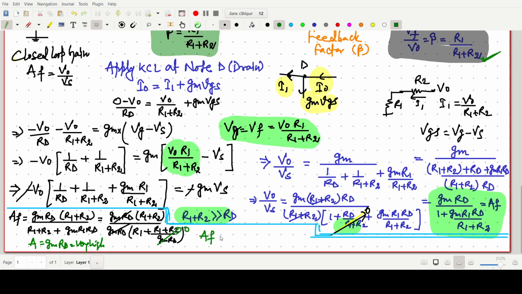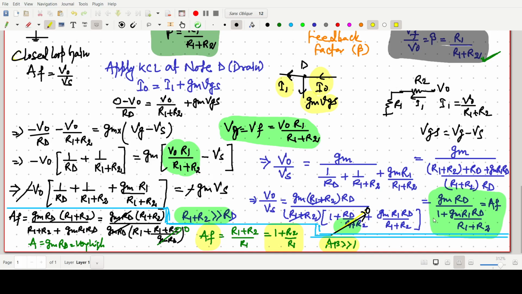So the simplified expression of AF can be written as R1 plus R2 by R1, that is our 1 plus R2 by R1. This one is our simplified one. Okay, for A beta much greater than 1, the last part. Okay, so for A beta much greater than 1, the value will be 1 plus R2 by R1.